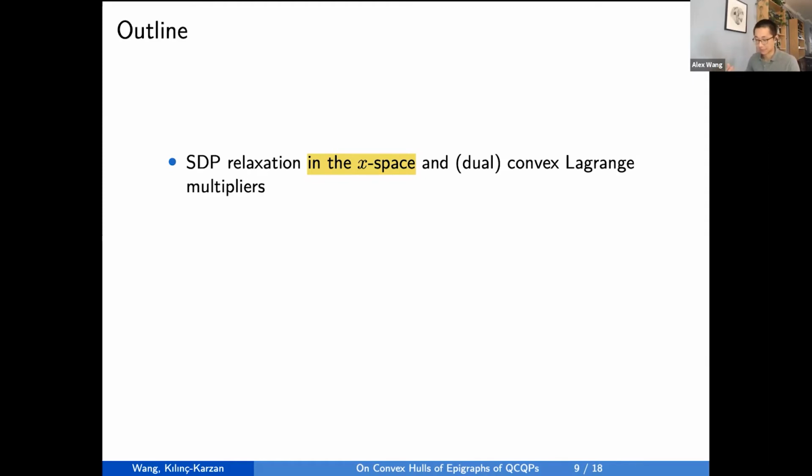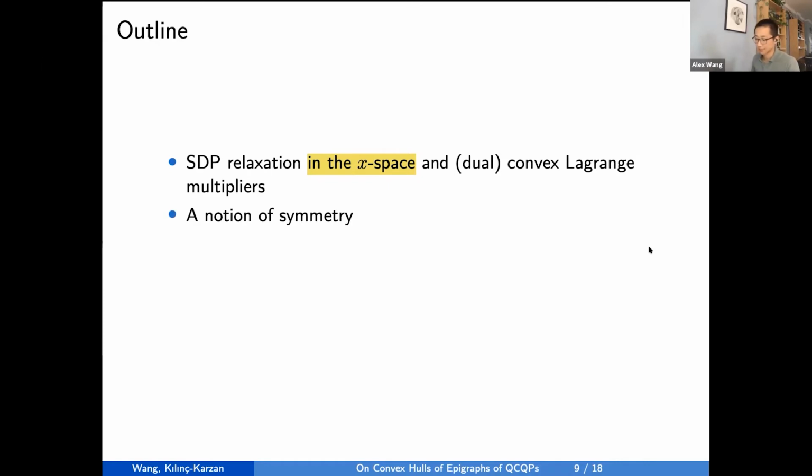But trying to analyze it in the X and capital Y space can be a little difficult. We show you how to understand it as something that happens just in the X space alone. We will do this by analyzing something that we call the set of convex Lagrange multipliers. This is going to be a dual object that I will get to in a second.